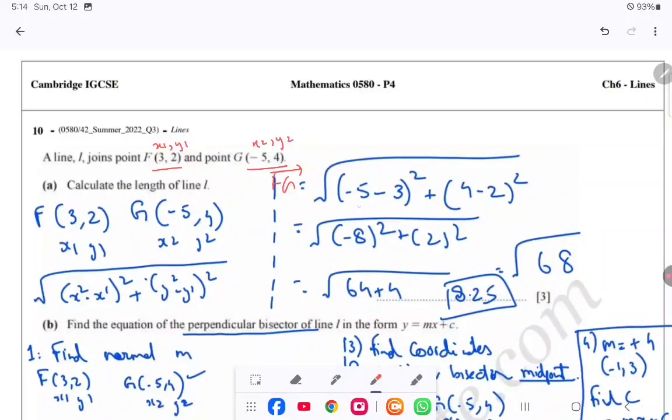This is our x2 and this is our x1, and this 4 is our y2 and this 2 is our y1.